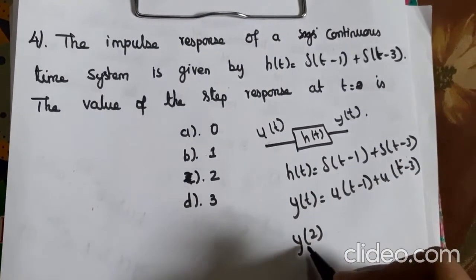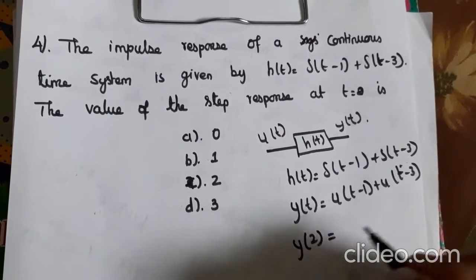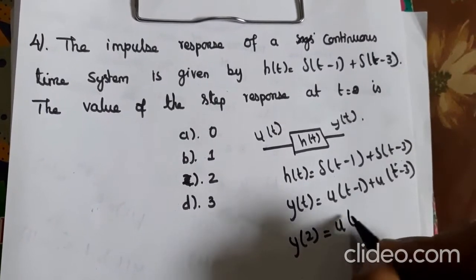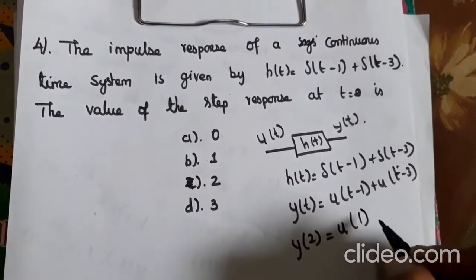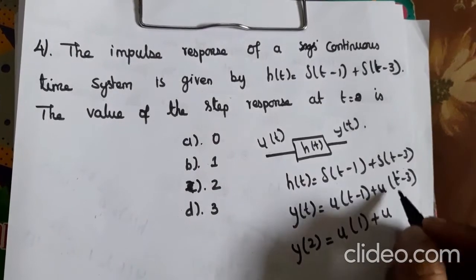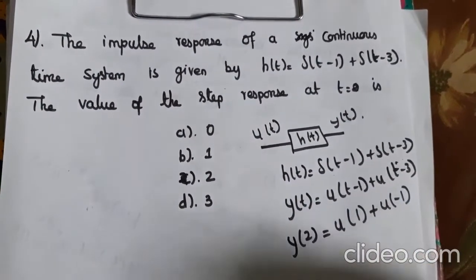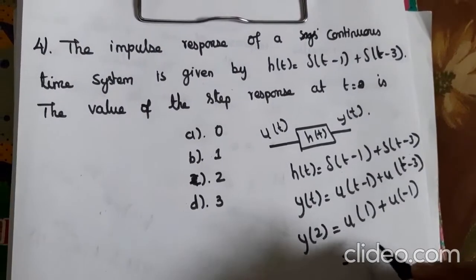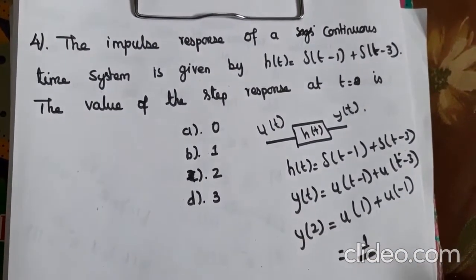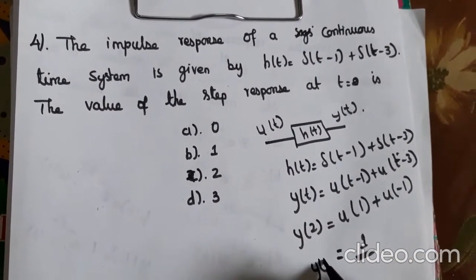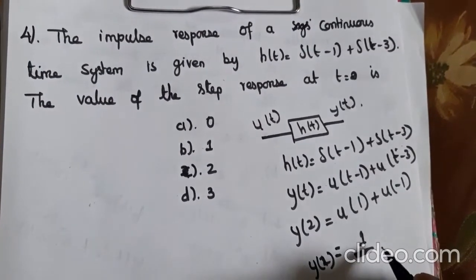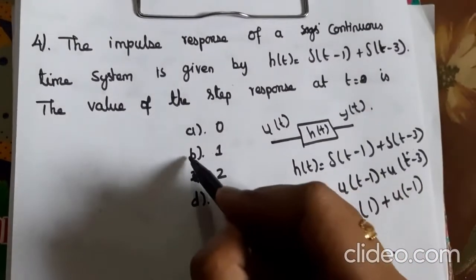So y of 2 becomes u of 2 minus 1, that is u of 1, plus u of 2 minus 3, that is minus 1. So here the answer is 1. So y of 2 is 1, and the answer is B.